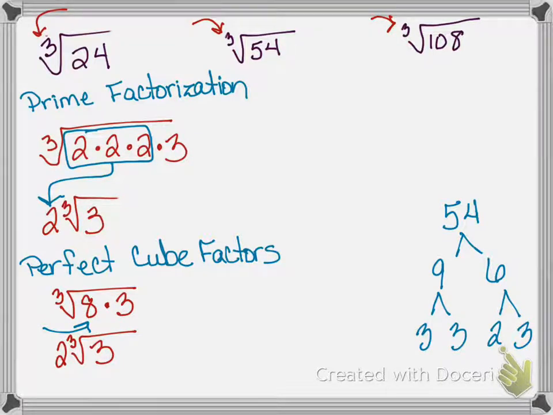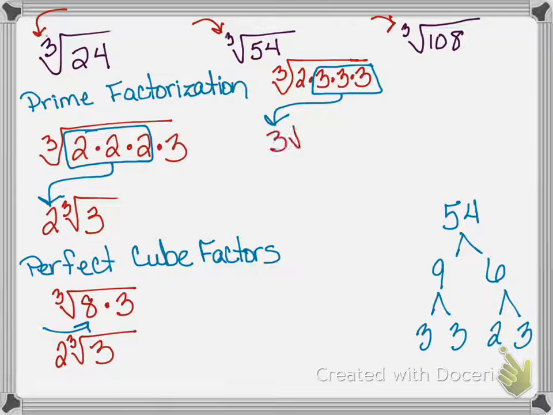So my prime factorization of 54 is 2 times 3 times 3 times 3. Okay? This is prime factorization. What number shows up 3 times? 3. So I'm going to move that to the outside. So I'm going to have 3 on the cubed root of 2. Okay? That's solving it using prime factorization.